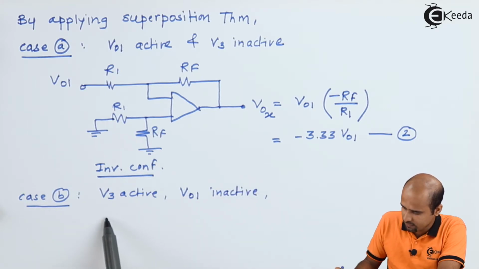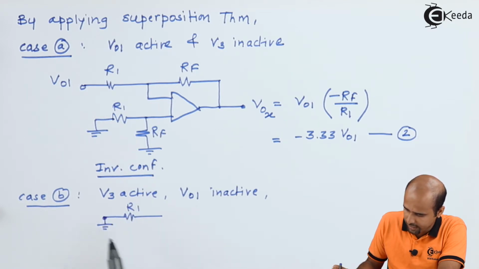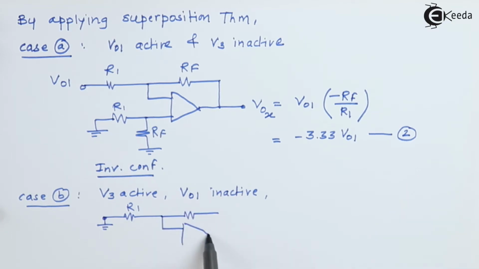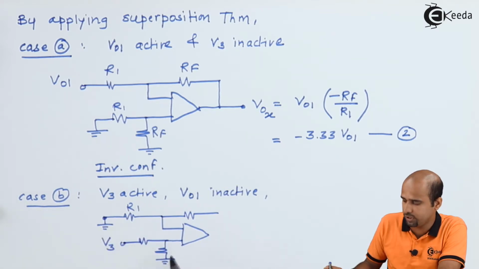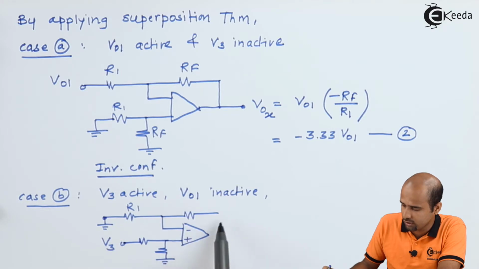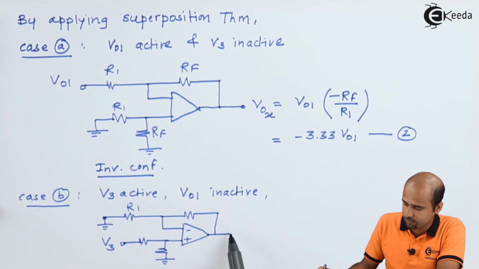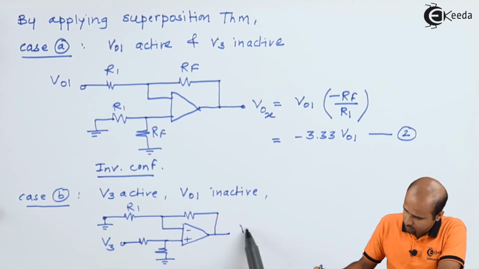Very simple case where I am not looking for VO1, we'll keep it as ground. And now we will apply the value V3 to the non-inverting terminal such that you will be getting VOY.